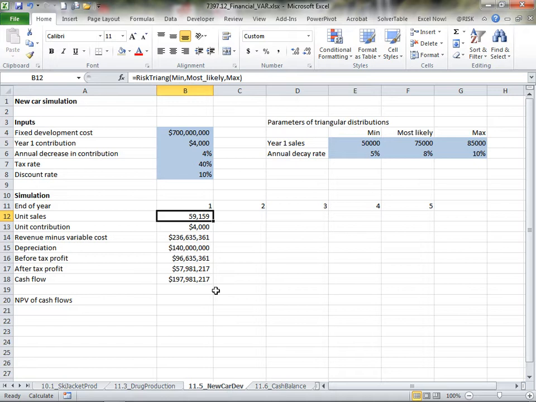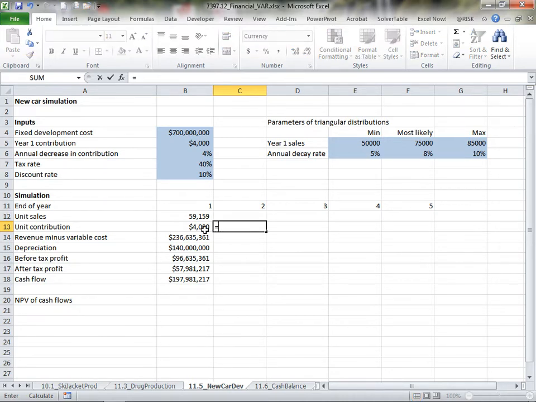Now, a couple things are going on here. Let's look at the contribution first of all. We have been given an annual decrease in contribution. So whatever the contribution was in year one, it's going to be 1 minus that decrease in year two, right? So I'm going to model that by taking my year one contribution times 1 minus the decrease.